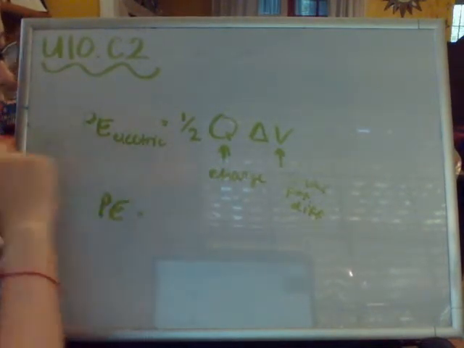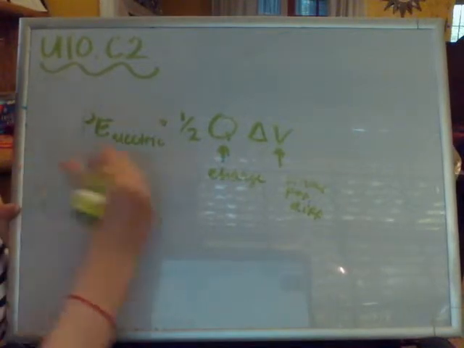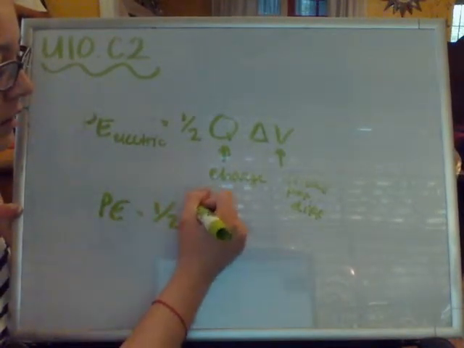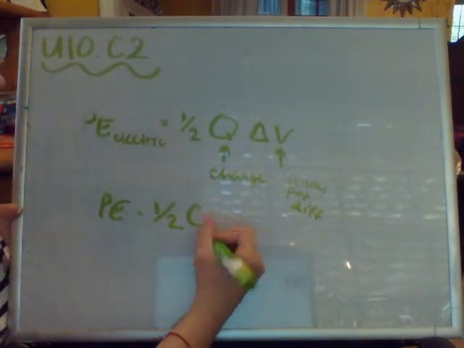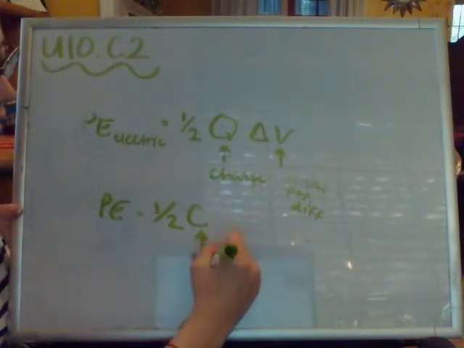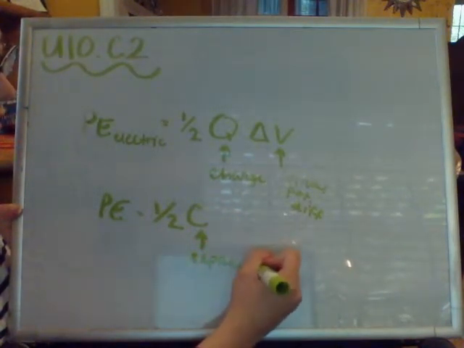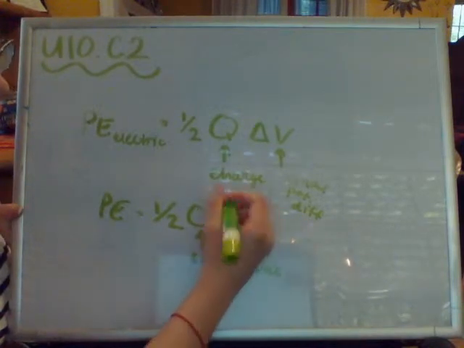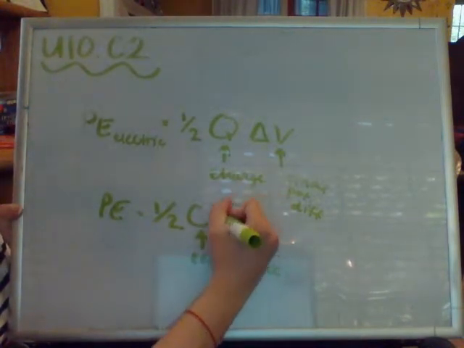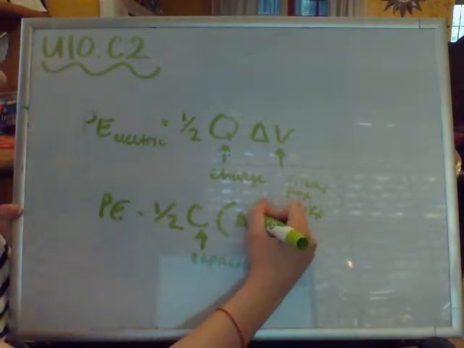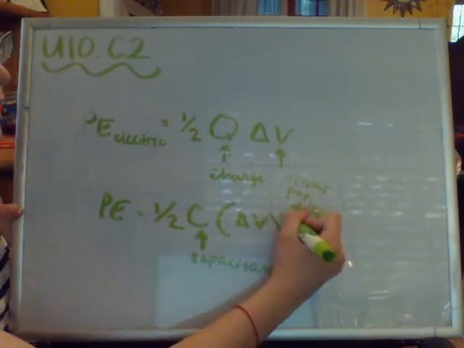But we can also use PE, which is also electric potential energy, equals 1/2 C, which is the capacitance, times the final potential difference squared.